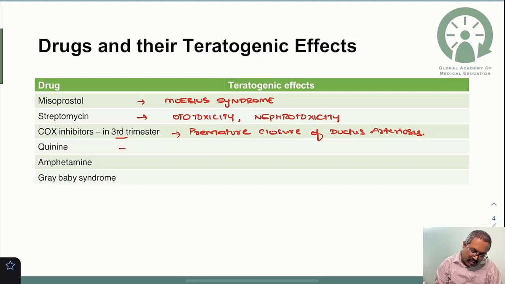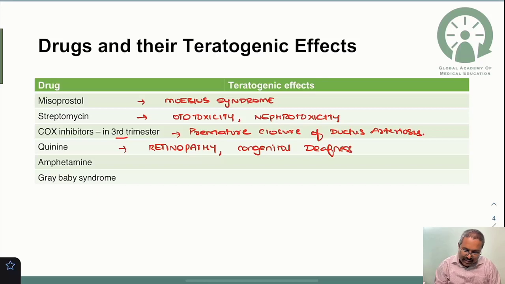What about quinine? Quinine, which is used as an anti-malarial drug, is known to cause retinopathy because of its deposition in the retina. It is also known to cause congenital deafness. So there can be blurring of vision as well as a decrease in hearing ability.